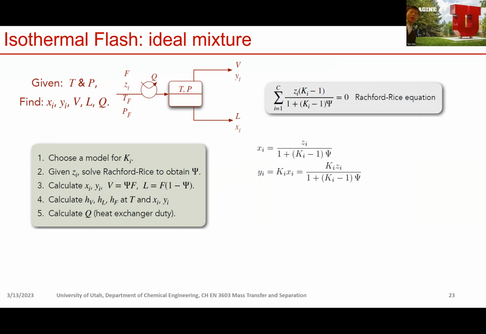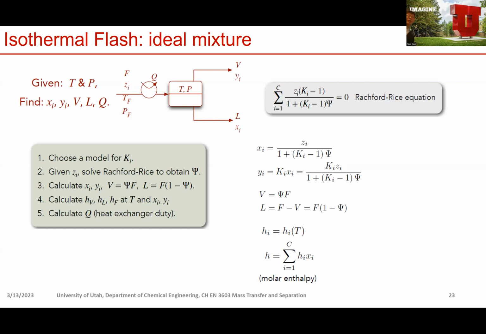That's here. Then we can also compute the vapor phase flow rate, based on psi and F, because psi is defined as a ratio, the molar vaporization ratio. And then L, the liquid stream flow rate, is basically the difference between the feed and the vapor stream flow rate. Then we can also compute the duty on the heat exchanger.